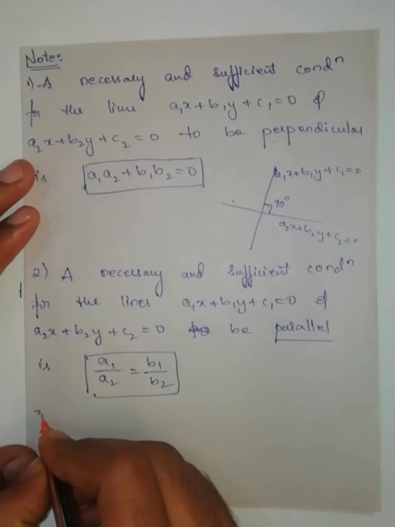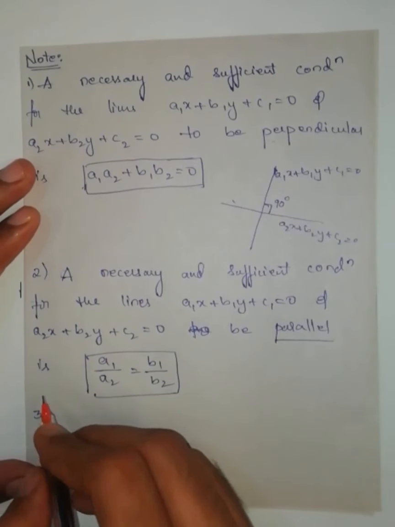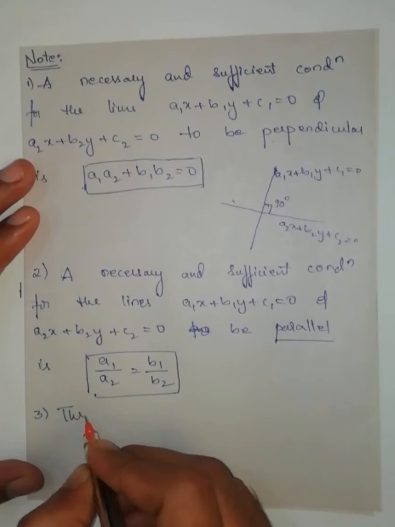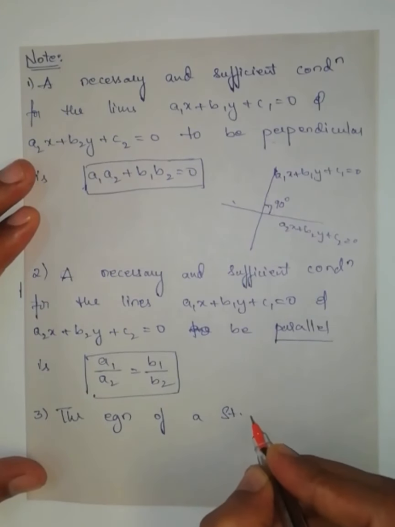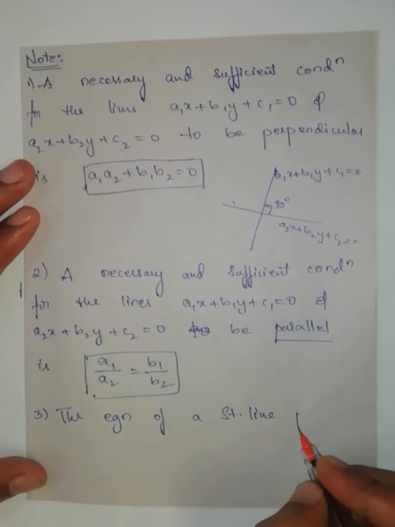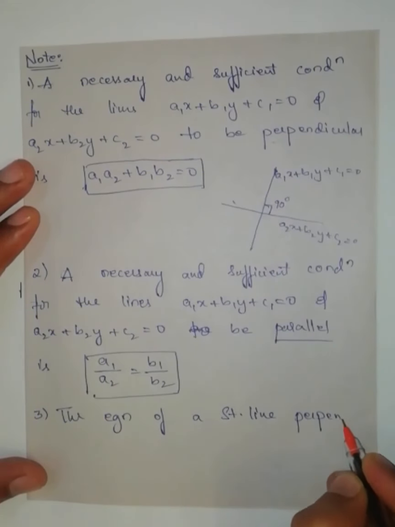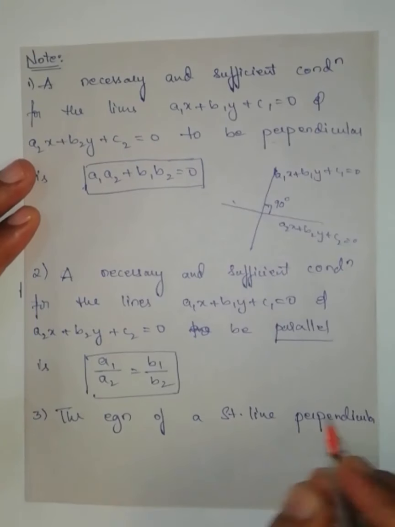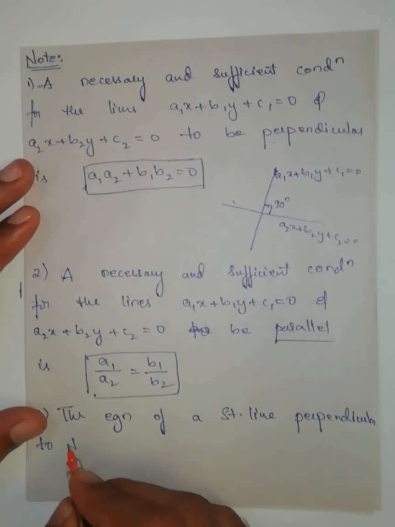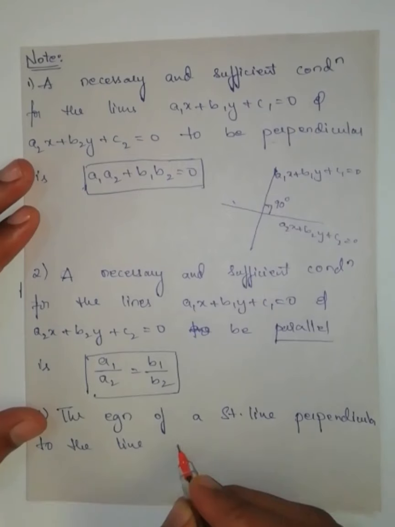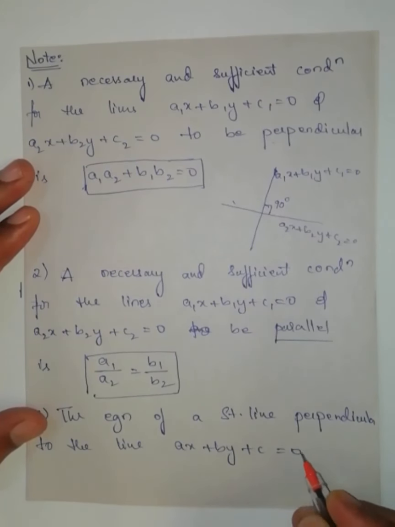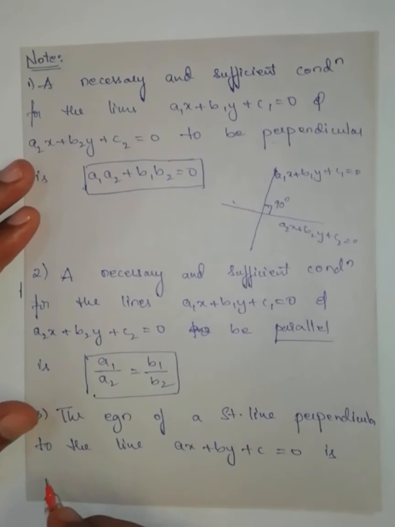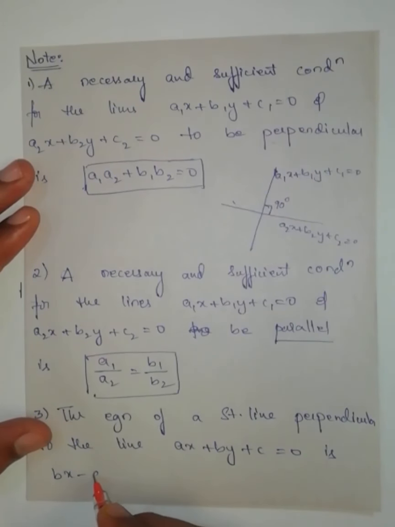Third one: the equation of a straight line perpendicular to the line ax plus by plus c is equal to 0 is bx minus ay plus k is equal to 0.